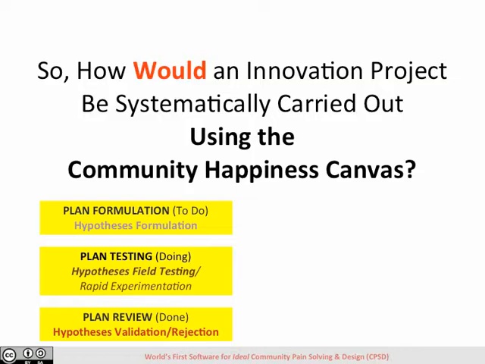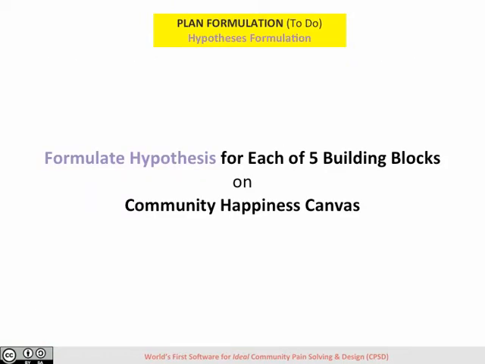So you would do it for plan formulation, where you formulate your hypothesis. You would do it for plan testing, where you go out in the field to do rapid experiments to know which hypotheses are true and which are false, and then you consolidate your findings in the 3rd stage.